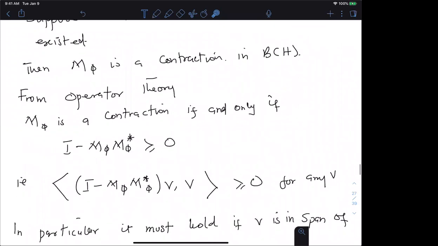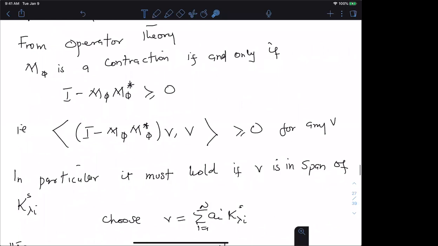So from operator theory, since it's a contraction, we have this. For every contraction map, the difference between the identity and the composition of the map and its adjoint is always non-negative. So for any vector v in the space, this is going to be greater than or equal to 0.